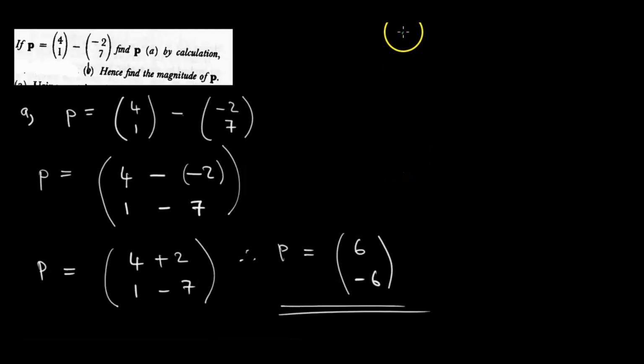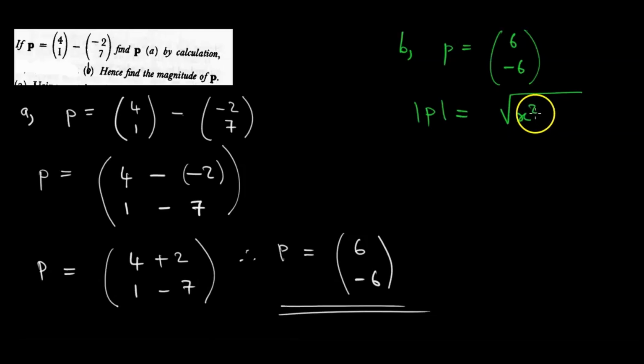Then from there zvava zvanzi titsvage the magnitude of P. Saka knowing kuti P iri equal to 6 minus 6 like this, we also know that the magnitude of P is going to be given by the square root of the x value of P squared plus the y value of P squared. Kureva kuti knowing kuti x ndi 6 and so this is the square root of 6 squared plus y ndi minus 6 squared like that.